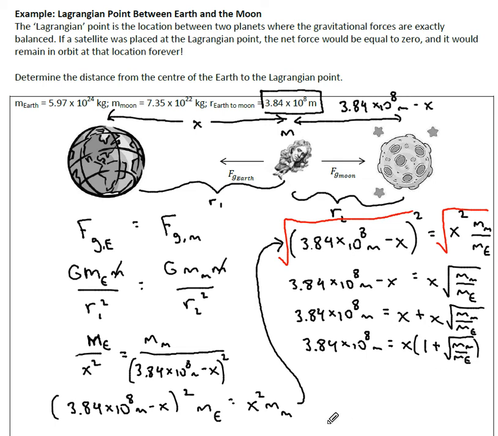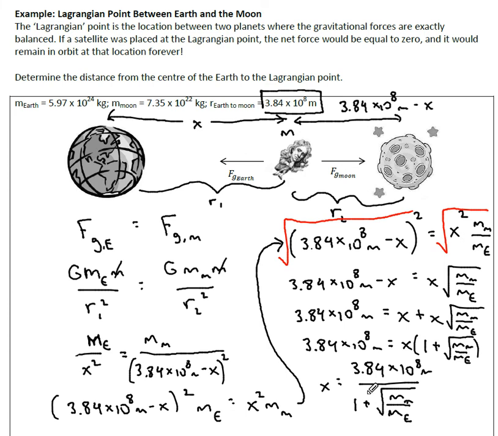So we can see that x is simply the distance between the two objects, so 3.84 times 10 to the 8 meters, divided by 1 plus the square root of the division of the two masses.